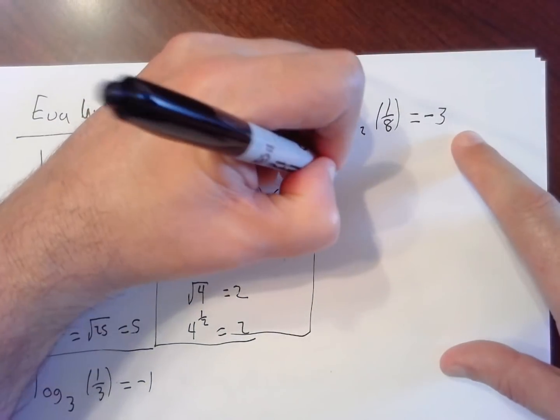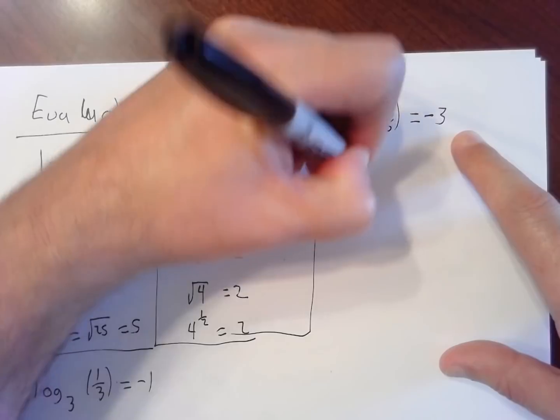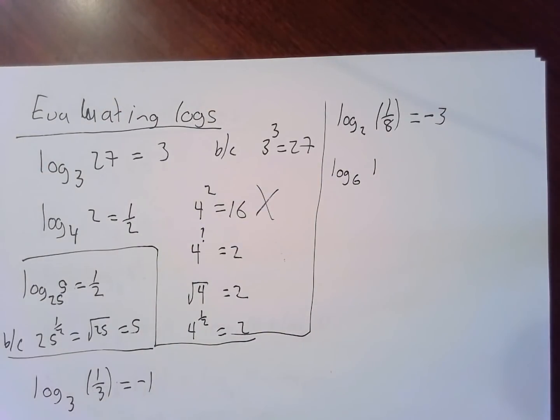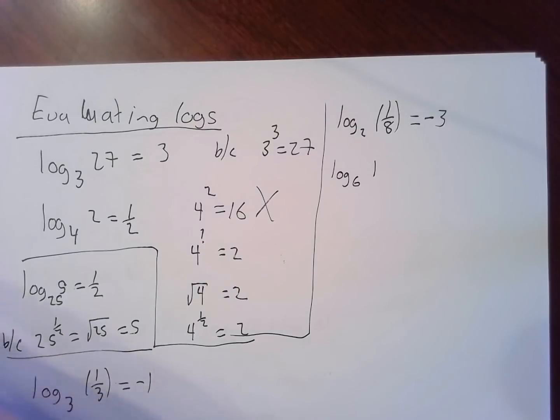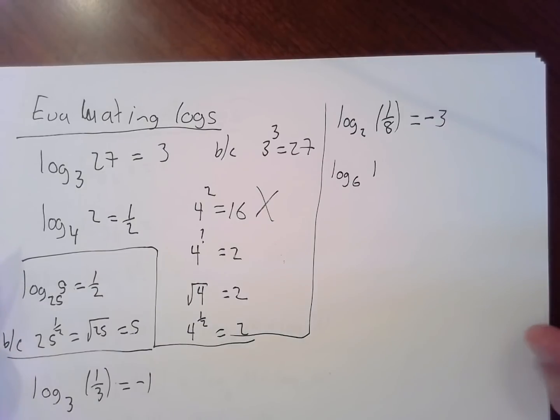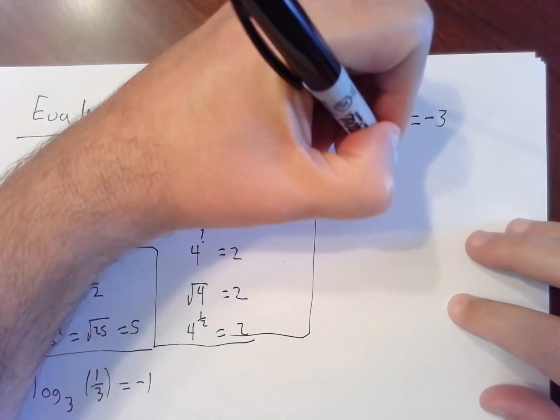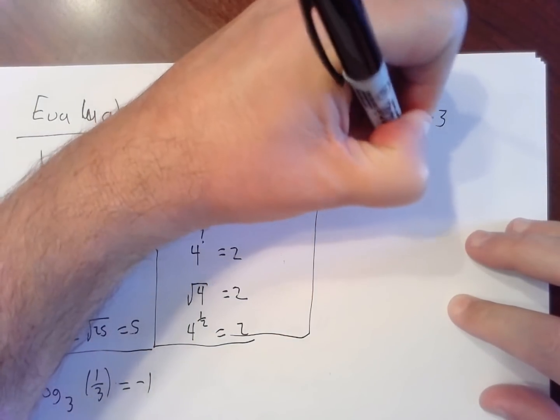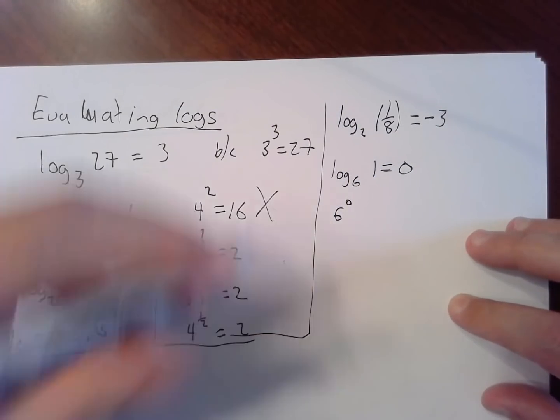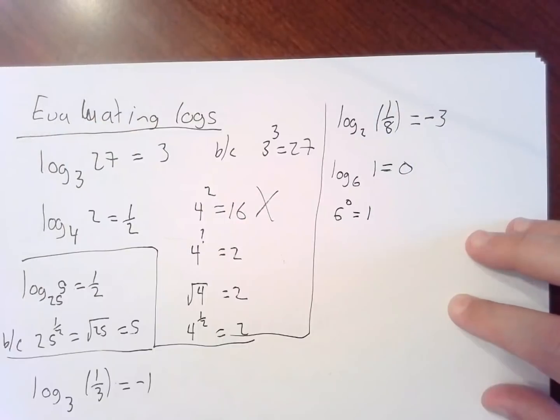Okay, what if I wanted log base 6 of 1? What power would we put on 6 so that the answer is 1? The answer is 0. The exponent would be 0, because anything that's not 0 raised to the 0 power is 1.